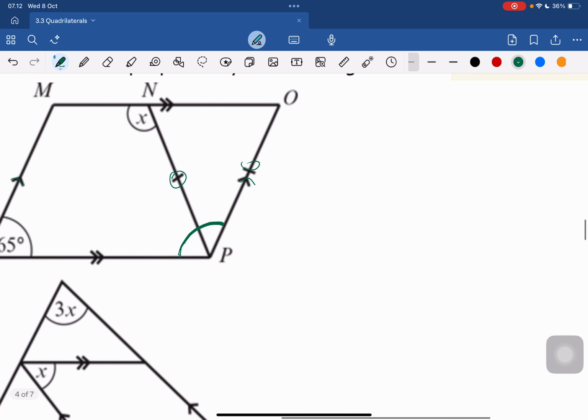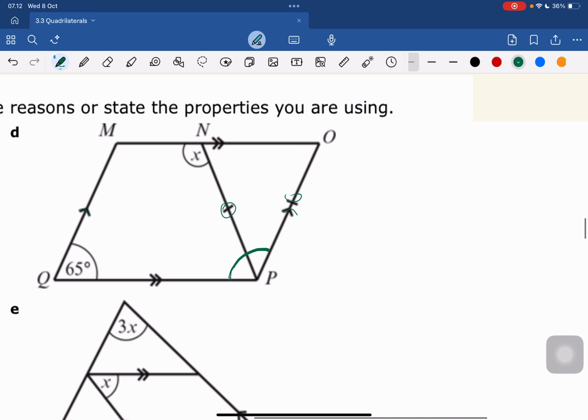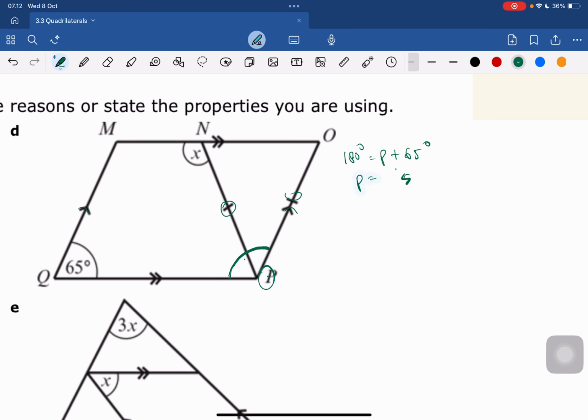What angle is it? This is co-interior, so 180 degrees. So let's call this P. P plus 65 degrees equals 180. So P is 180 minus 65, which will give us the answer of 115. Okay, we got 115.